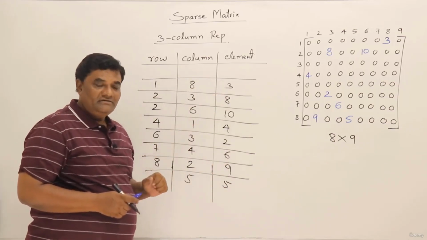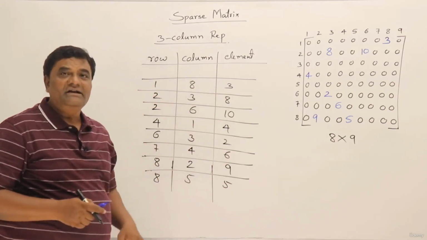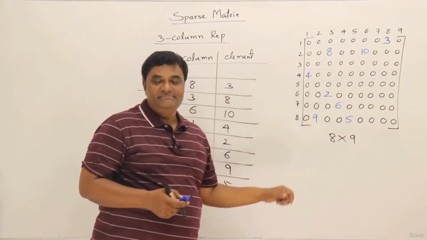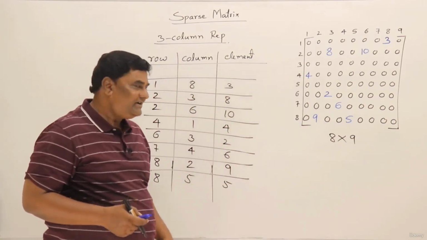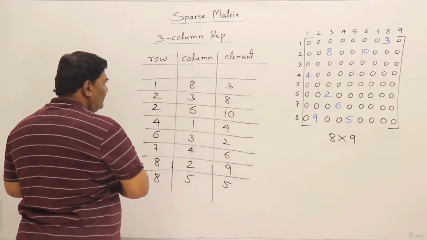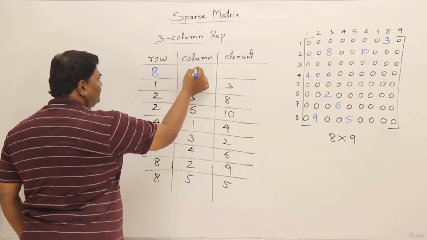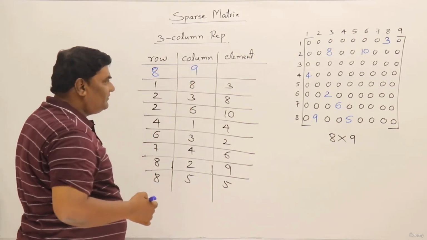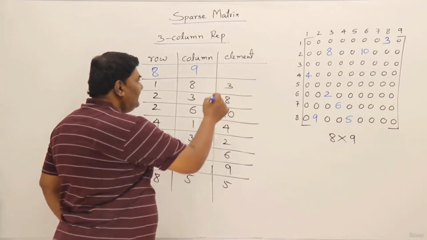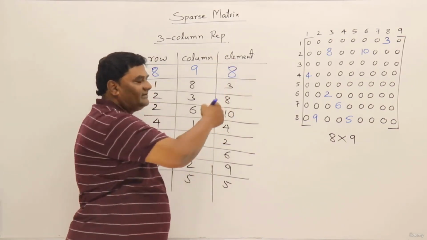Now in this one, I left the first row empty, so that I can use it for storing information about the sparse matrix. About the sparse matrix means what are its dimensions? 8 rows and 9 columns. Then how many non-zero elements are there? 1, 2, 3, 4, 5, 6, 7, 8. 8 non-zero elements are there.